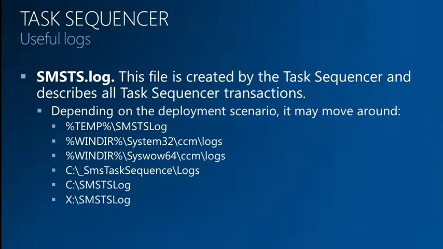Is it on D? Is it on X? If I'm in WinPE and I've got multiple partitions, you don't know where the drive letters are. So where are you going to look? So you've got to figure out or look across multiple drives. I often start up diskpart and do a list vol so I know the drives that I have, and then I start looking across the drives to figure out where it's put it. It could be on X in the RAM drive and all sorts of different locations. So look around, it's in different locations.